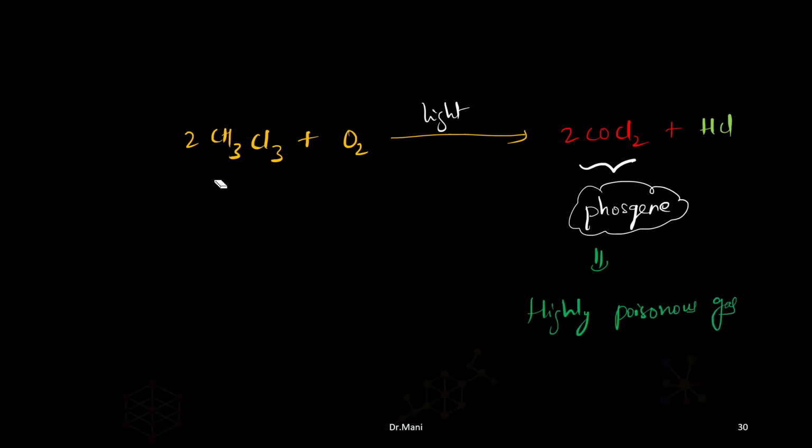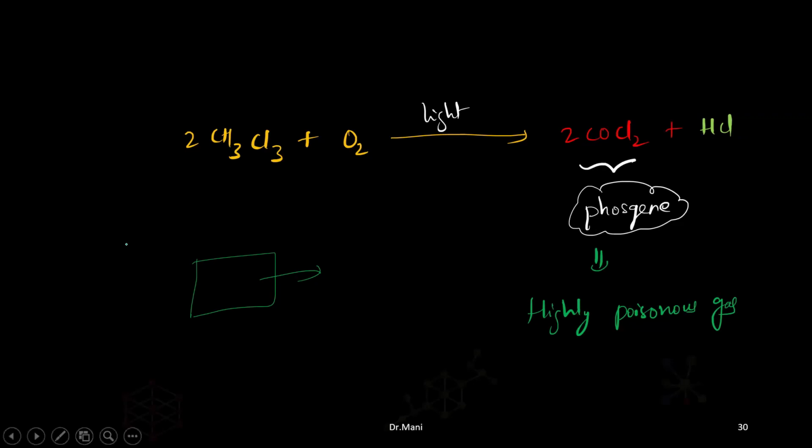Remember this. Whenever trichloromethane is exposed directly to the atmosphere in the presence of light, it can turn into phosgene. So it should be kept in a tightly packed container. It should not leak out. But if the container gets damaged and it leaks, and the atmosphere contains oxygen and sunlight falls on it, it can turn into this gas.